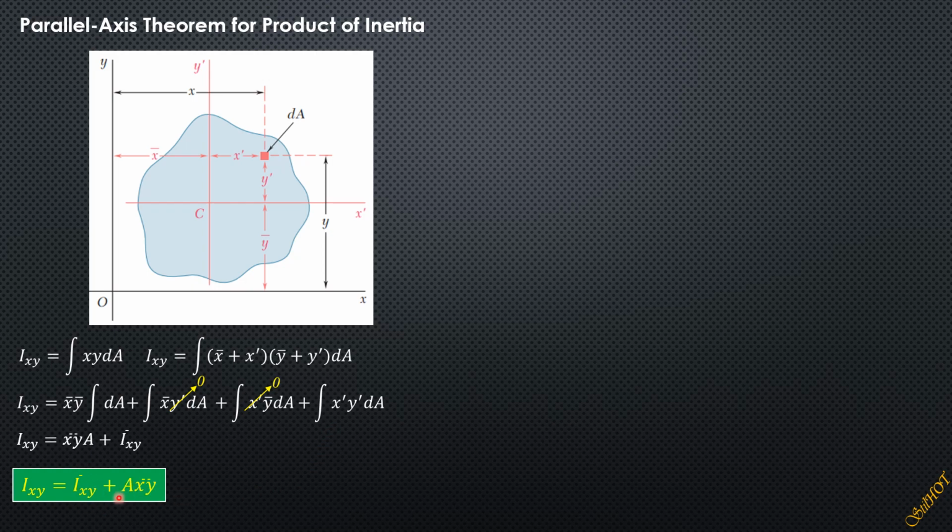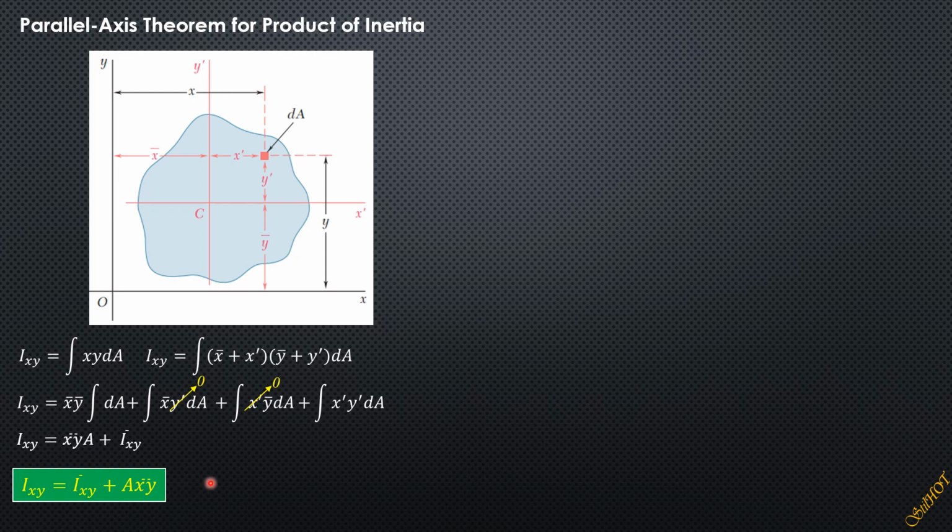So take note that this transfer formula, or the parallel axis theorem, looks the same as the parallel axis theorem for moment of inertia of area. Remember, Ix is I barred x plus area times barred y squared, and Iy equals I barred y plus area times barred x squared.